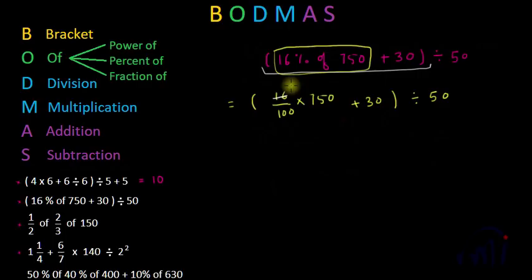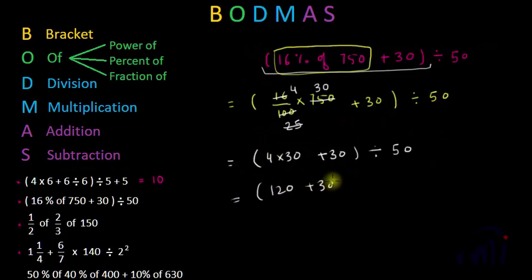So 4 4s are 16, 4 2s are 10, and 4 5s are 20. 25 3s are 75, and then this 0. So this becomes 4 multiplied by 30 plus 30, and then divided by 50. So 4 multiplied by 30 is 120 plus 30, and then divided by 50 because we have to solve this multiplication first, and after that only we can perform the addition.